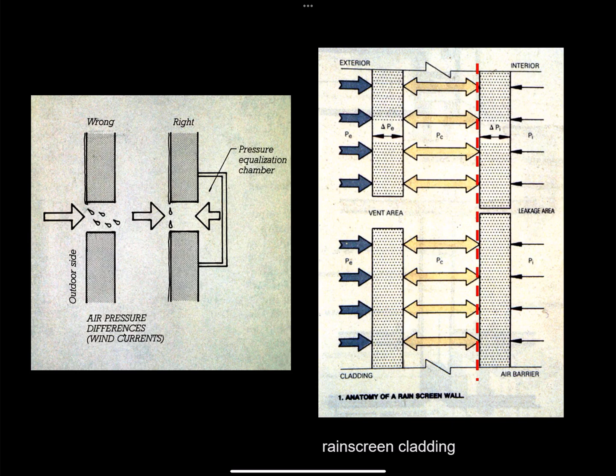It accepts the fact that joints in the building's cladding cannot be completely, totally, perfectly sealed, and therefore it uses open joints. And it tries to decrease the amount of pressure of water present at the waterproof layer, and it tries to minimize the air pressure differential.